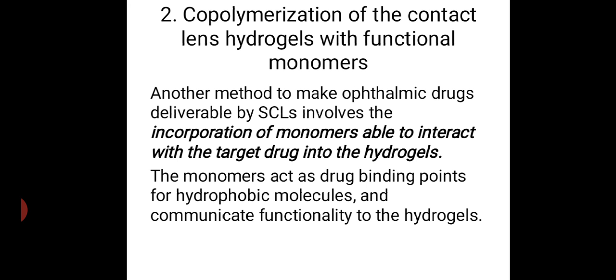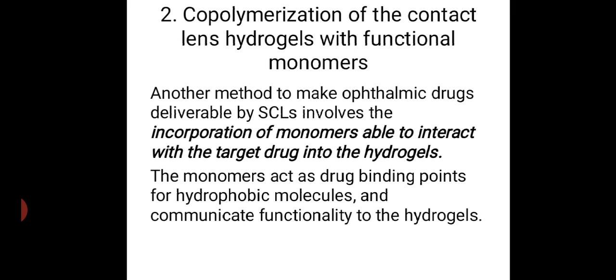The second method is copolymerization of the contact lens hydrogels with the functional monomers. So in preparation of the soft contact lenses, the monomers interact with the target drugs in the hydrogels.